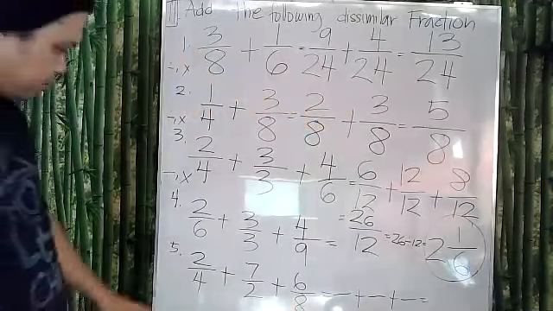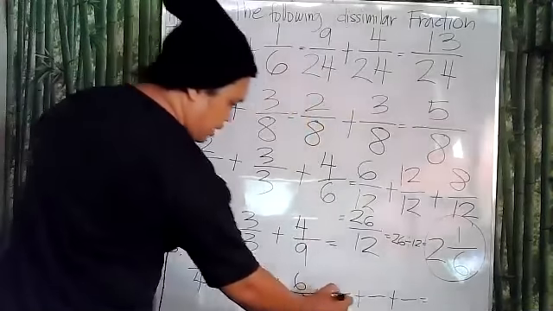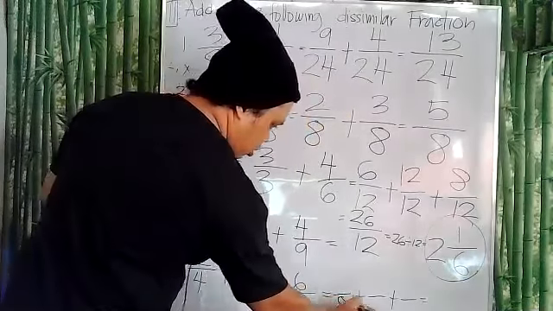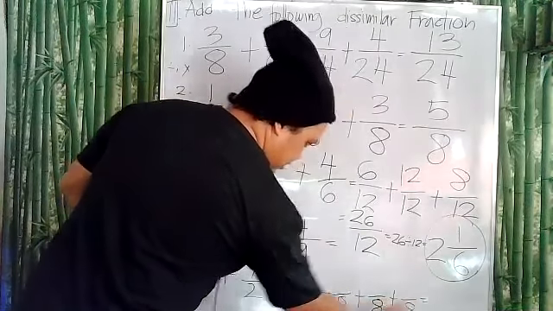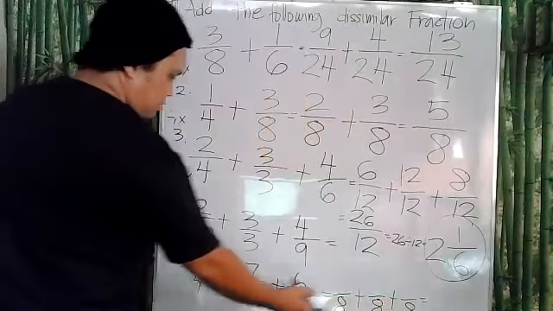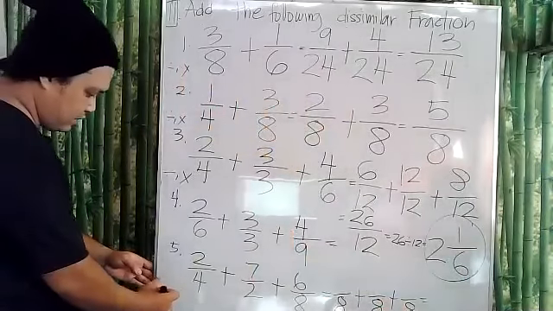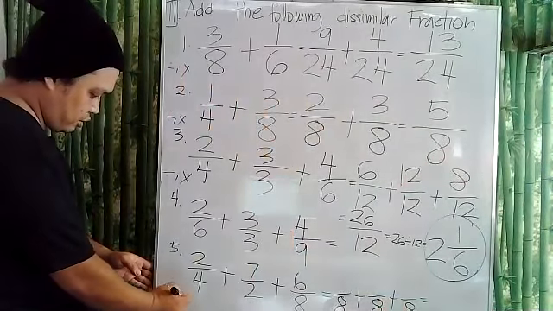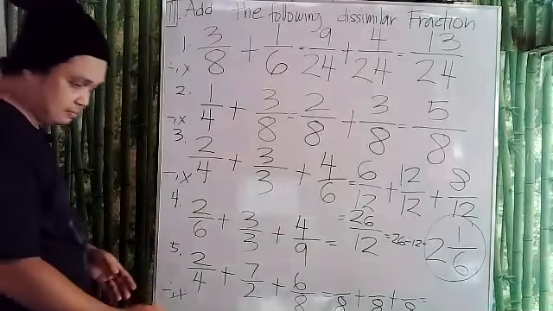For 4, 2, and 8, we have 8 as their least common denominator, because we can divide all three of them from 8. And to get their numerators, we divide and multiply.